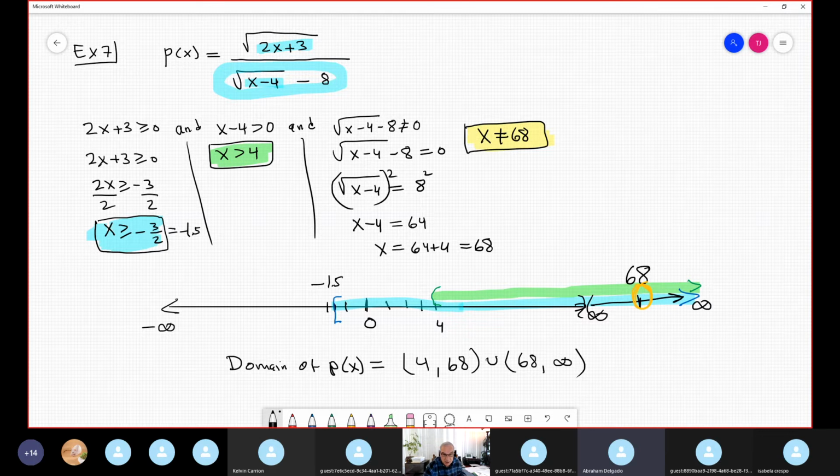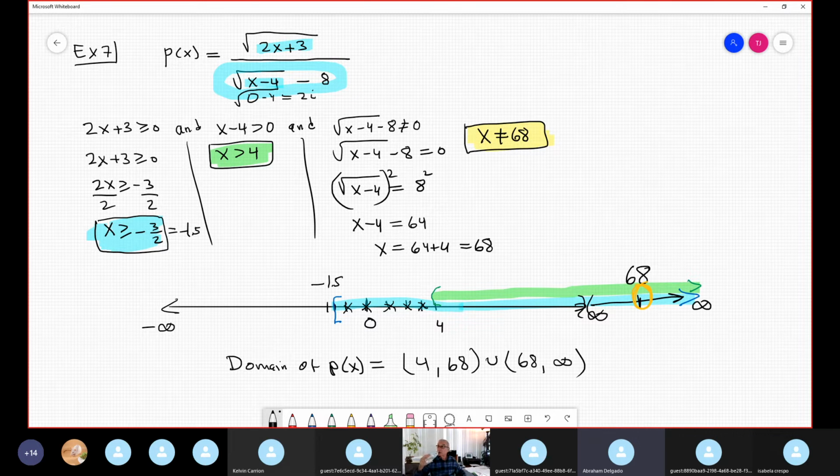Suppose, to explain this idea clearly, this piece, this number, 3, 2, 1, 0, negative 1. This is bad, because when you plug in this number, suppose 0, you plug it in here. 0 minus 4 is negative 4, and the square root of negative 4 is 2i. Imaginary, not good. Okay? Pleasure.